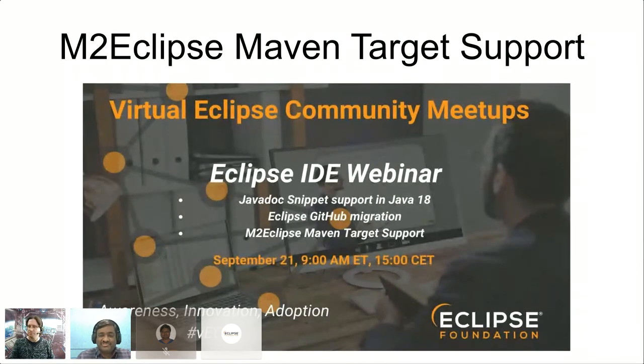We have 4 different projects, split into 4 different organizations. Equinox is a separate entity altogether. Equinox supports OSGi; it's the Eclipse implementation of the OSGi framework.